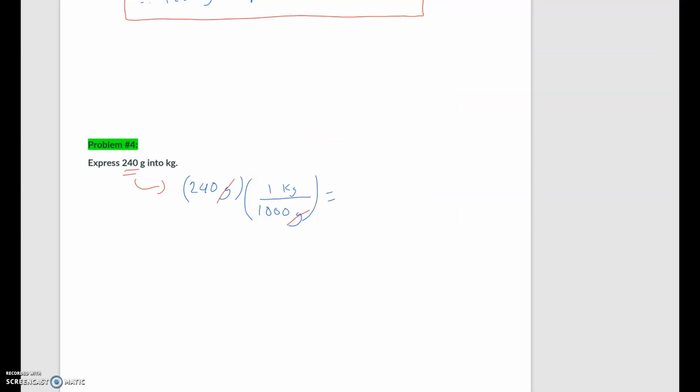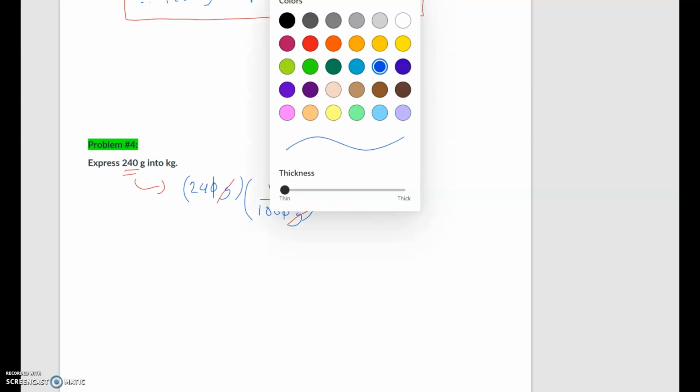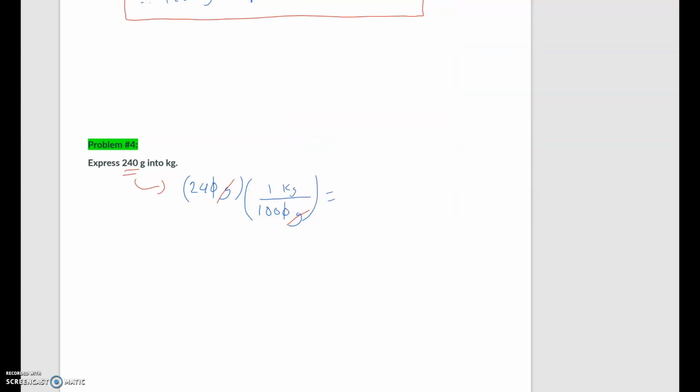And well, technically this cancels that 0. And then we're going to move the decimal 2 to the right. So for this one, it's just going to be 0.24, and we're moving it 2 because we're left with 2 zeros. So technically 1 and 2, which will give us 0.24, and not grams, it'll be kilograms.